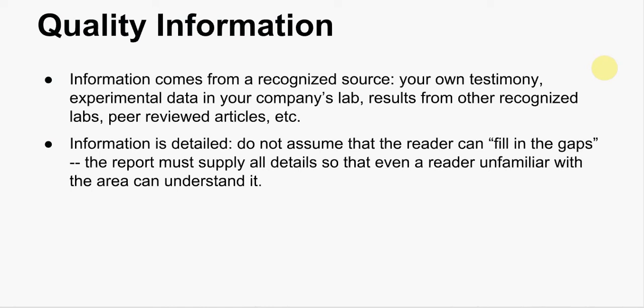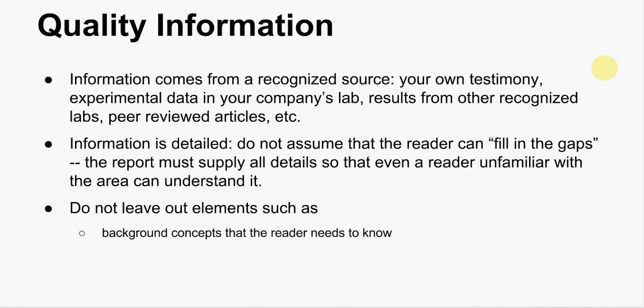You should make sure it's detailed. We already went through that earlier. You can't assume that the reader can just fill in the gaps. The report has to supply all the details so even a reader unfamiliar with the area can understand it, meaning that you have to explain various concepts and give a background, which we'll see soon also where that comes in. You should have some type of information that gives a background to what you're doing so people can understand the concepts in which you're working. There are certain elements you don't want to leave out, background concepts that I just mentioned.